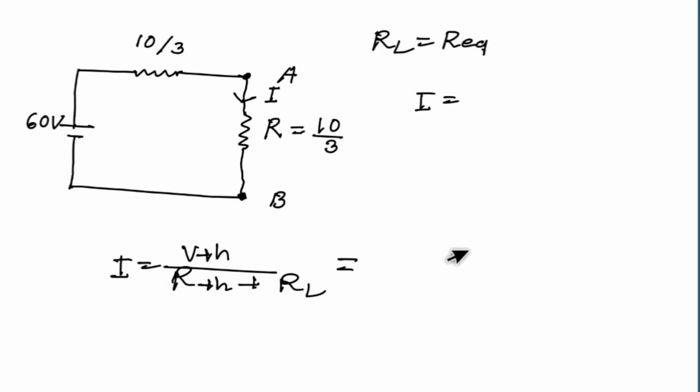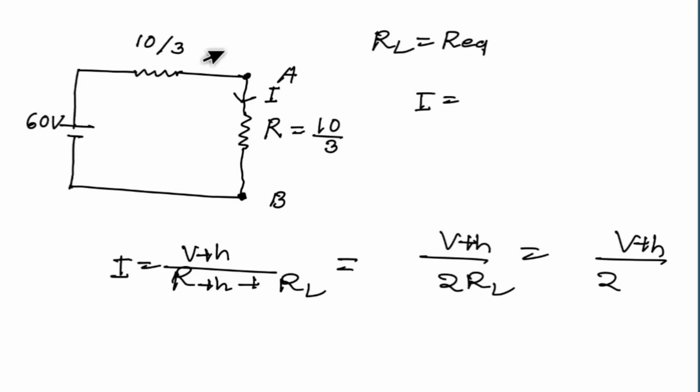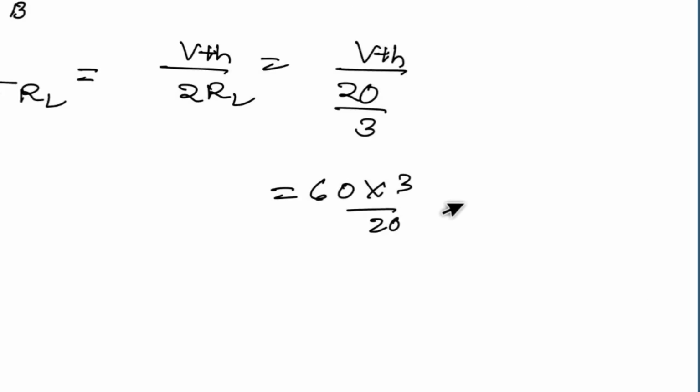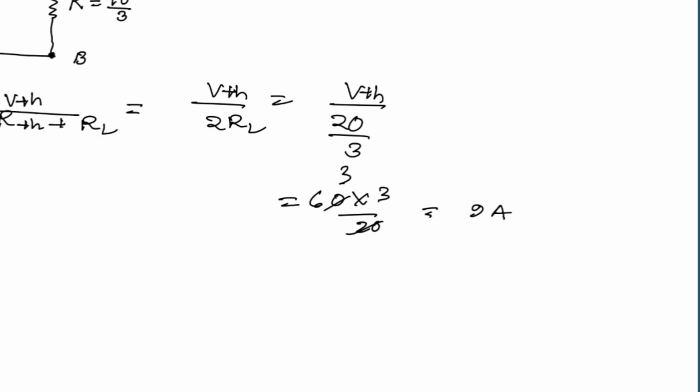Here both are the same, so you can say VTH by 2 RL. 2 into 10 by 3 is 20 by 3, and VTH is 60, so 60 into 3 by 20 is 9 ampere. So we have calculated the value of I, that is 9 ampere.